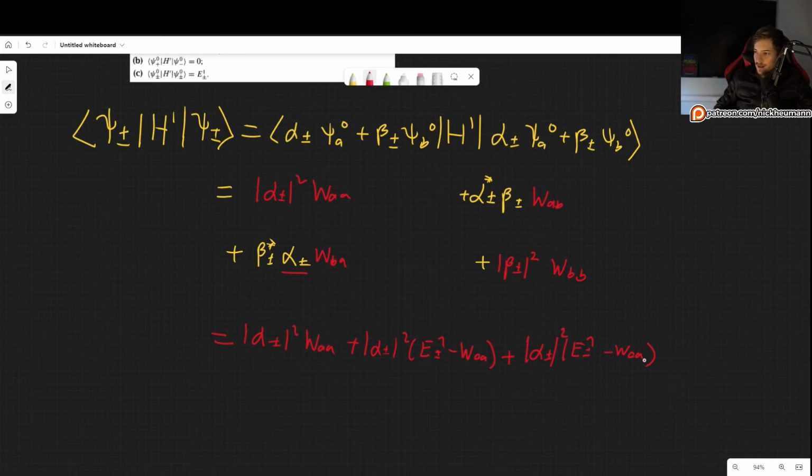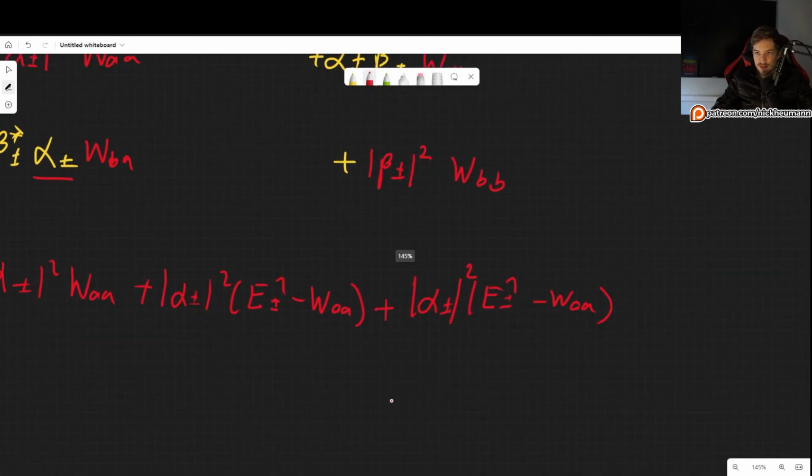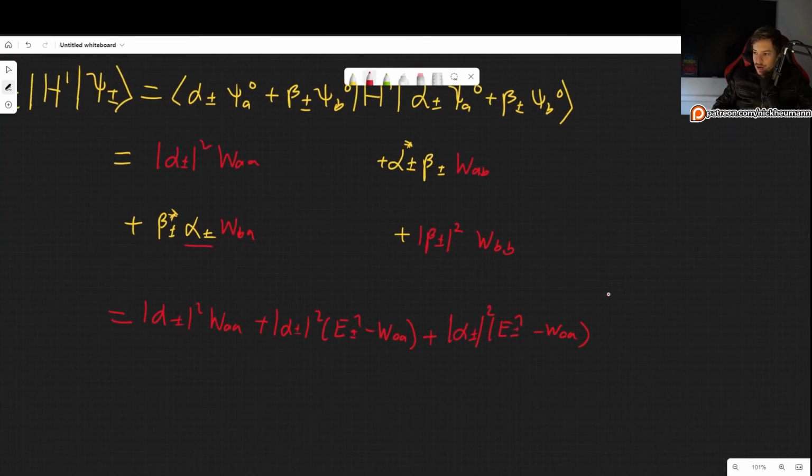And notice, however, that we have arrived at an impasse here. This is correct, but our last term is beta plus or minus squared WBB. So we get alpha plus minus squared WAA.